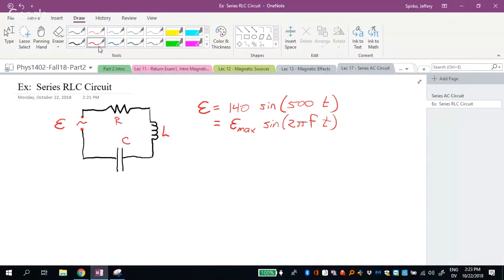So already we have a little bit of information we can extract out of this thing. We can say EMF max is equal to 140 volts. And that means that EMF RMS is 140 over root 2 equals 99 volts.